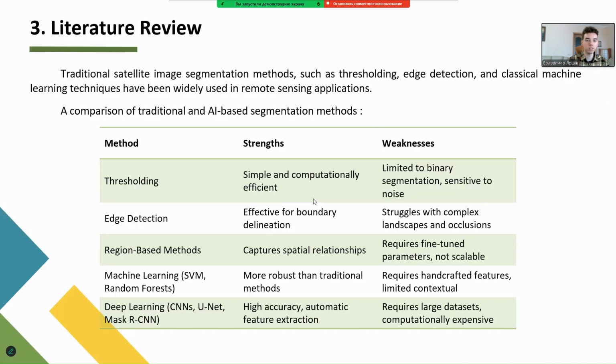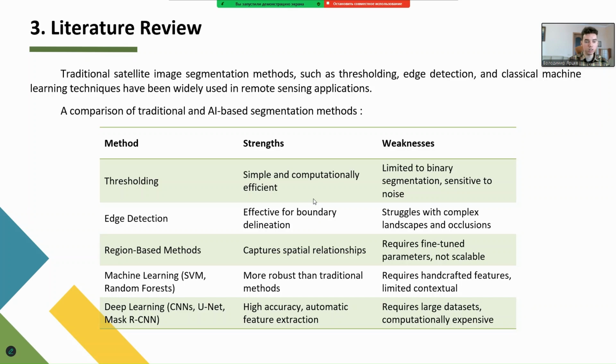Traditional satellite image segmentation methods such as thresholding, edge detection, and classical machine learning techniques have been widely used in remote sensing applications. A comparison of traditional and AI-based segmentation methods. Thresholding is simple and computationally efficient, but limited to binary segmentation and sensitive to noise.